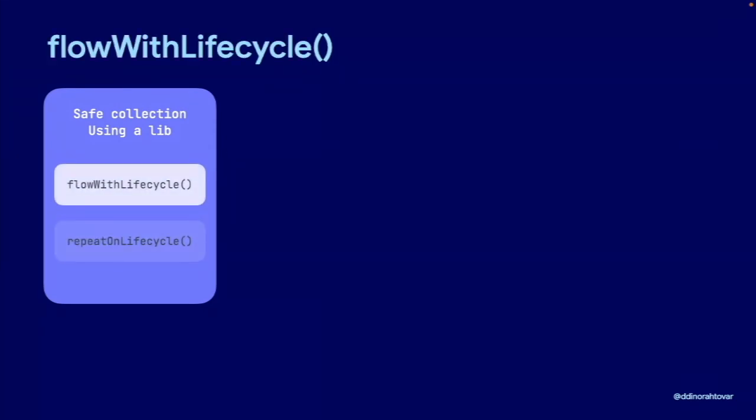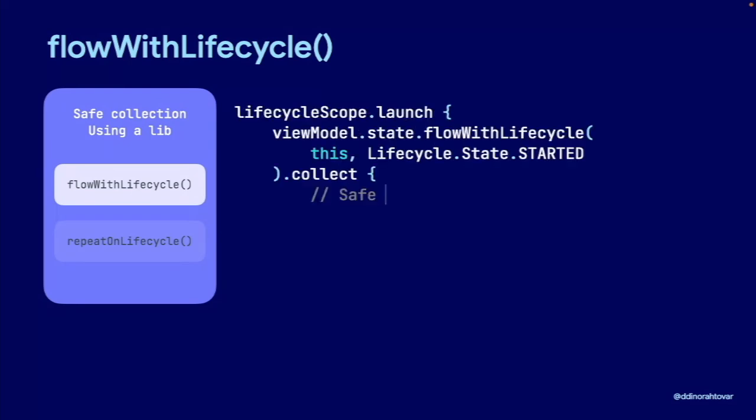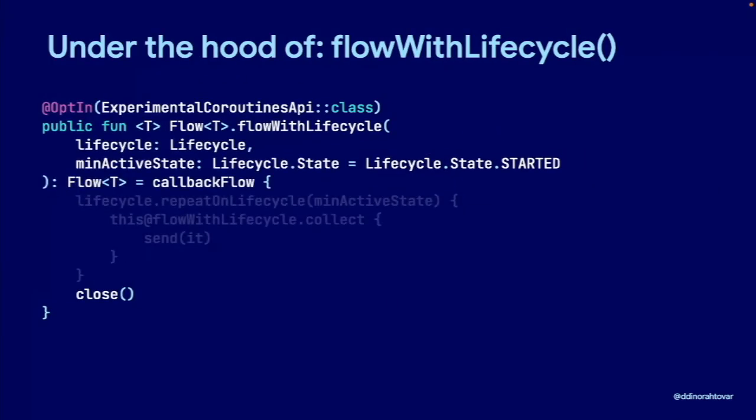And there is another friend, which is called flowWithLifecycle. flowWithLifecycle has a specific use case, because you are going to end up using something like this, that probably looks the same as the first one we saw. You send this and viewLifecycle.state, the state you want to start collecting. Looks the same, except that this little friend uses a callbackFlow.